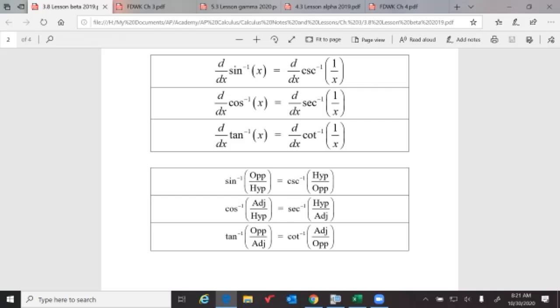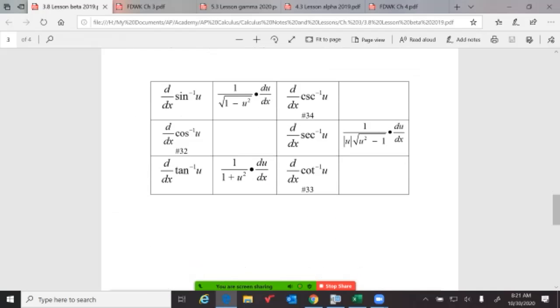So what about the ones that were left out? Over here. That's where we are so far. This was the alpha lesson. That's the beta lesson. Okay?